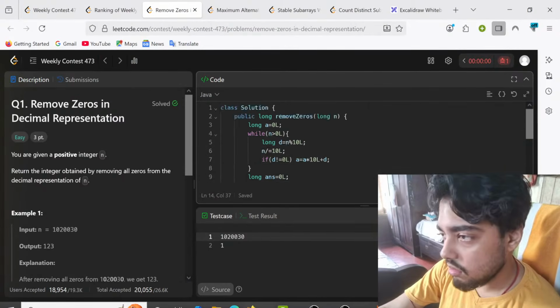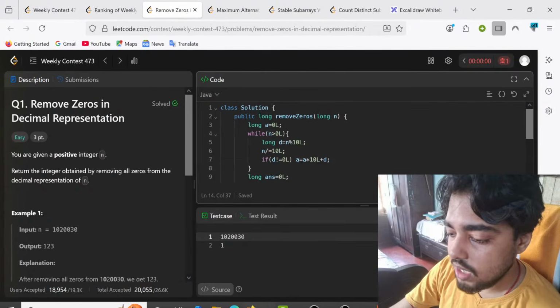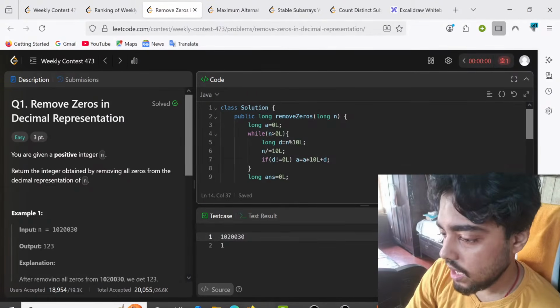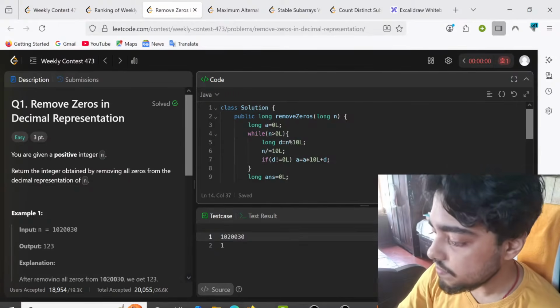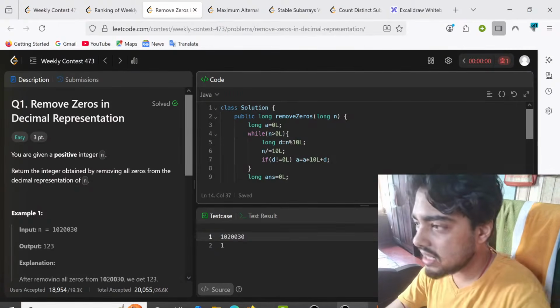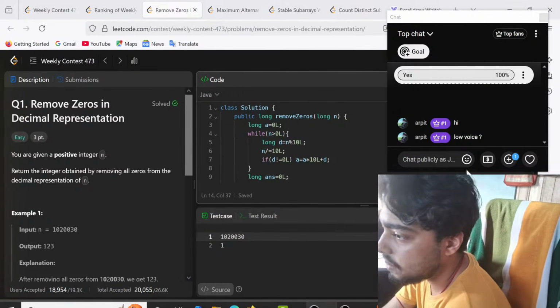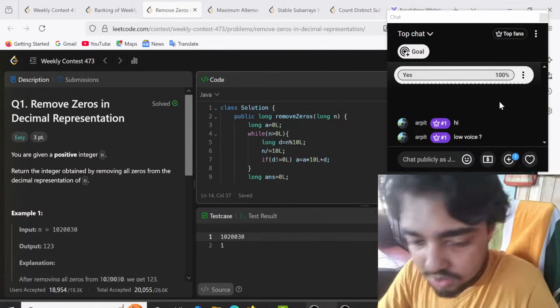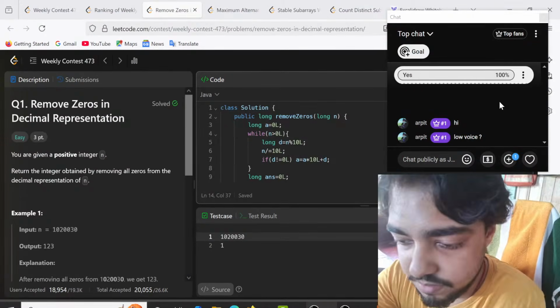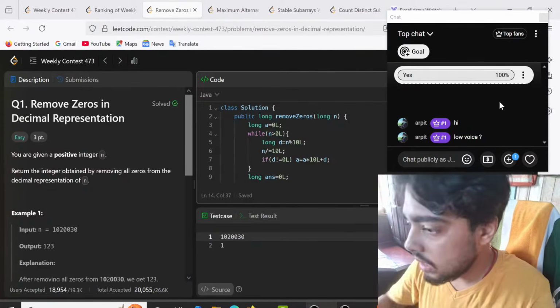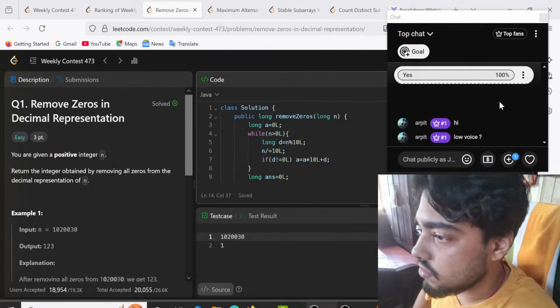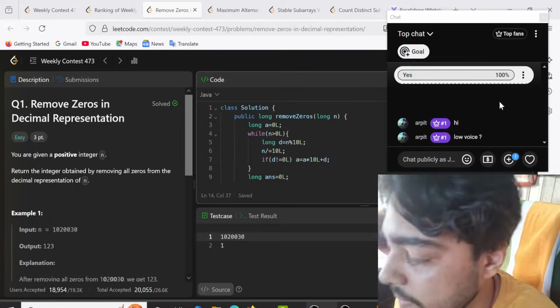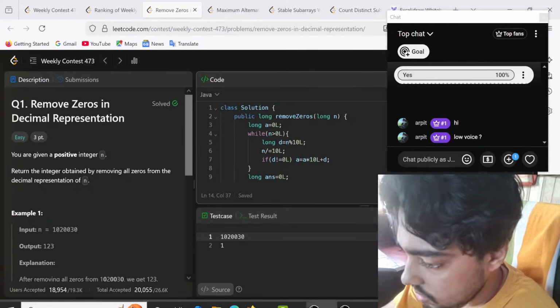So I hope this is clear with you guys. Hi, Arpit. Chats are lagging a little bit. Low voice? Oh, okay, the voice is low, no? Is it clear now? Let me know if it is clear now or not.